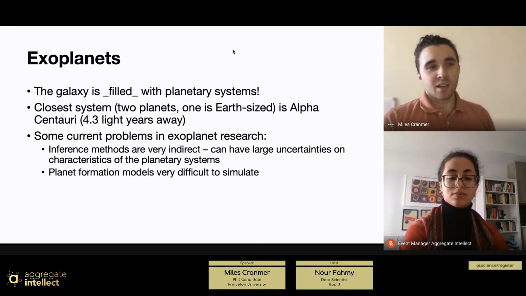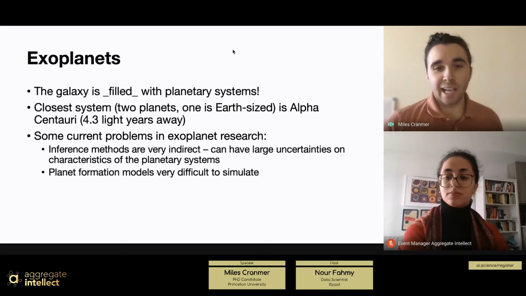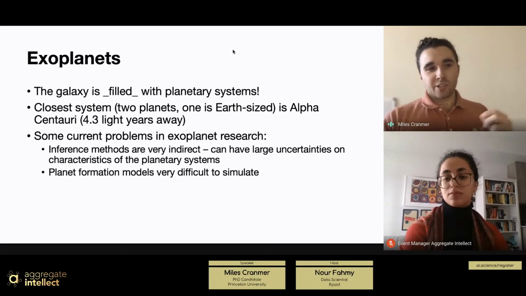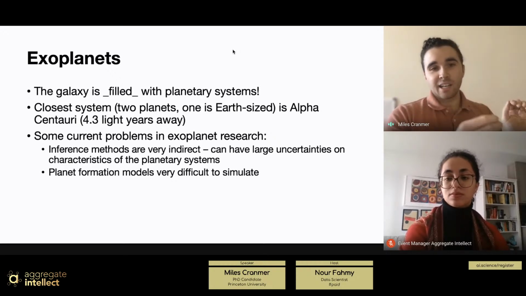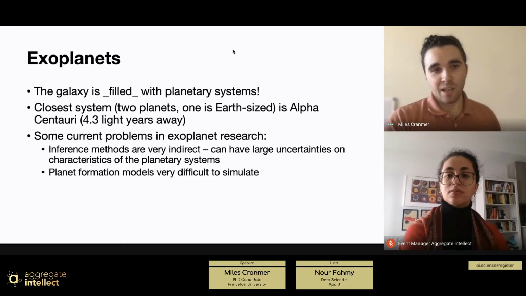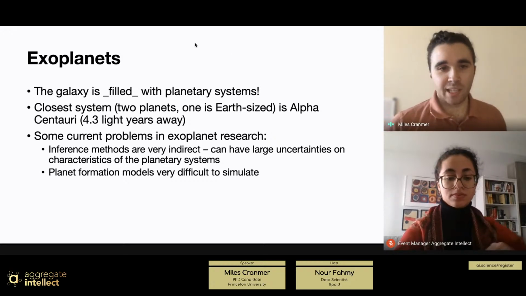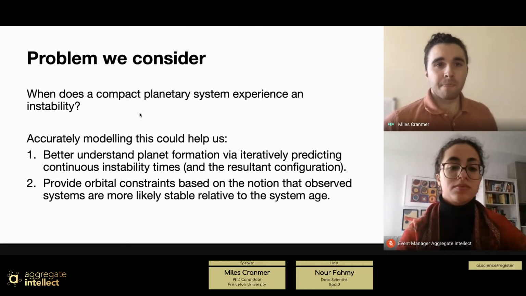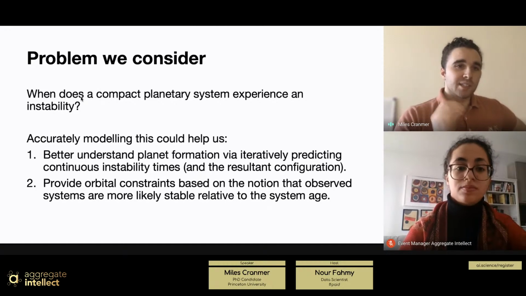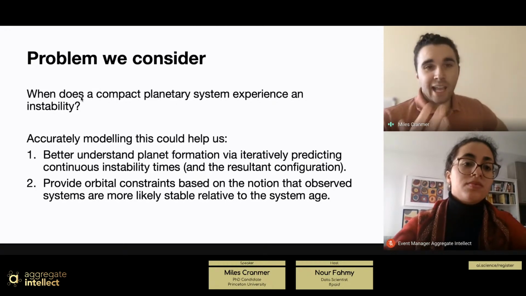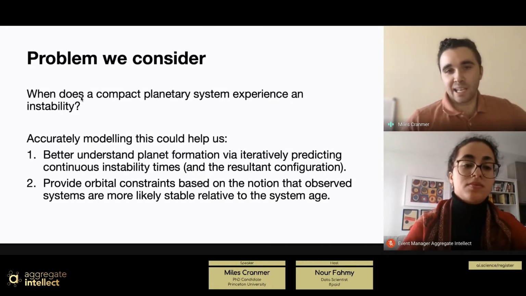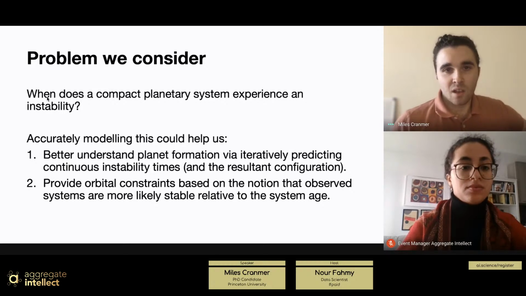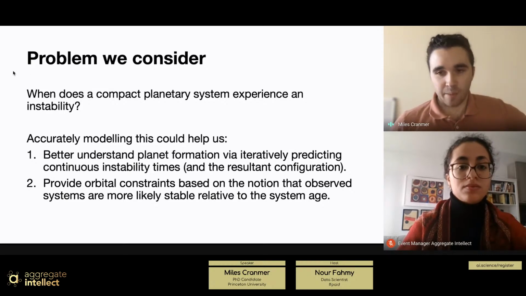The other problem is it's very hard to actually simulate the formation of planets, because basically you have all these rocks colliding and growing into planets over time. It's really expensive to simulate these. So the problem we consider is: if we have a given 3-planet star system, when does it go unstable?